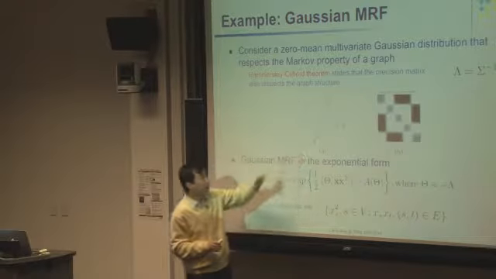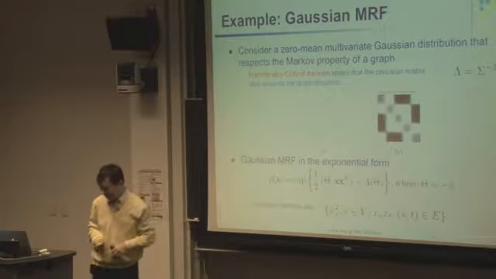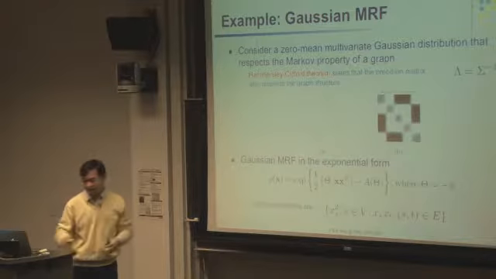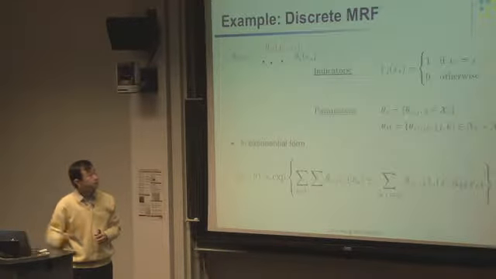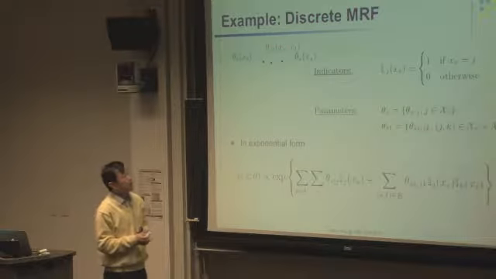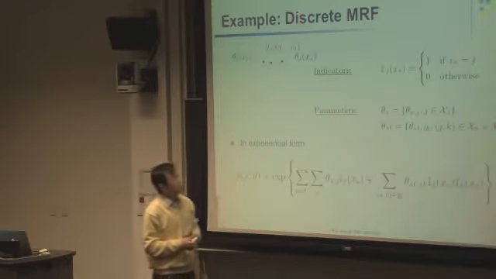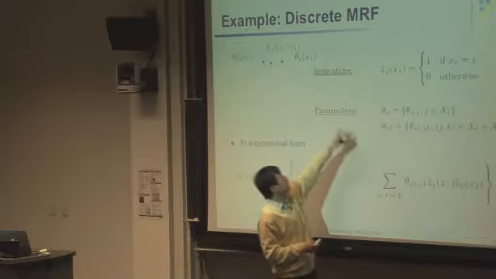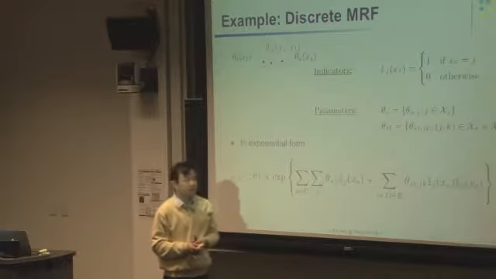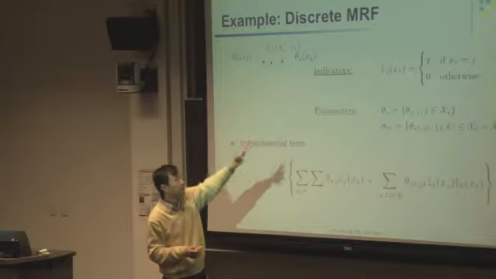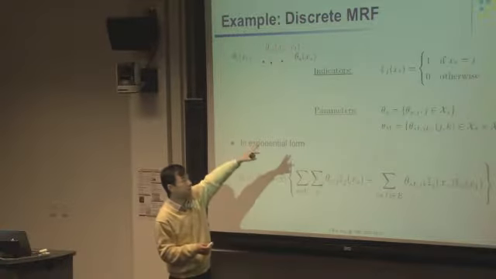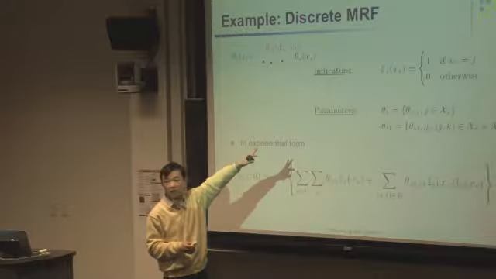So that's why you have this structural correspondence between the parameterization and the structure. And here is a discrete case where you can also introduce the parameters and the sufficient statistic as this. In this particular case, I only introduce one type of sufficient statistic, which is the indicator function of a particular node.